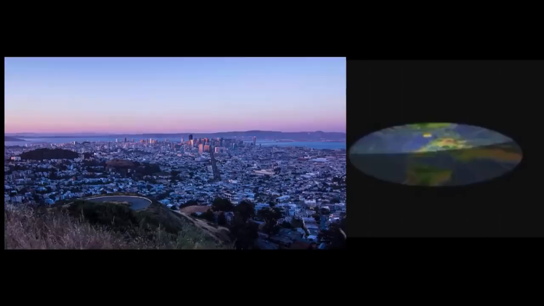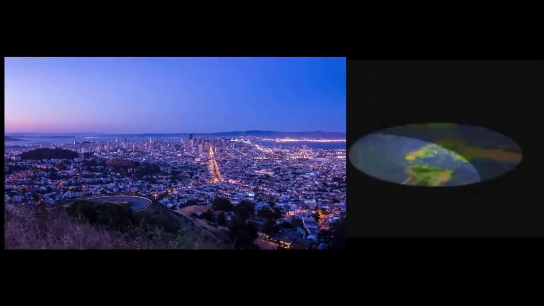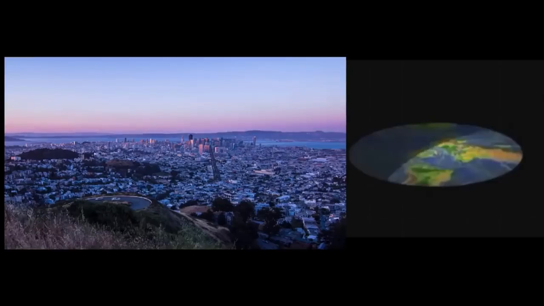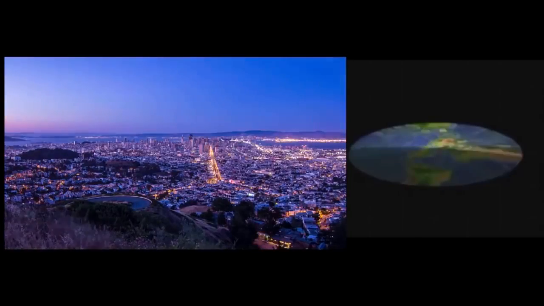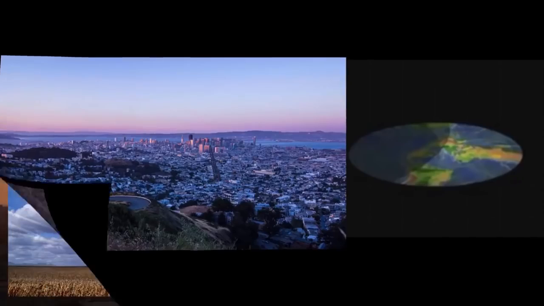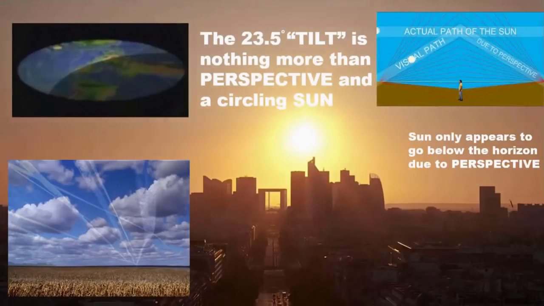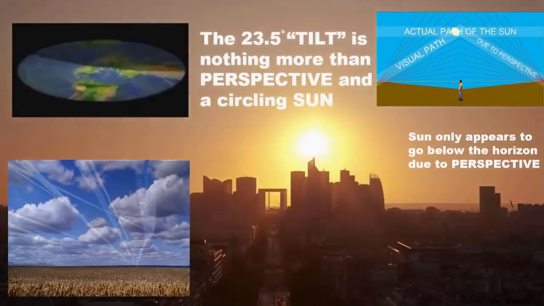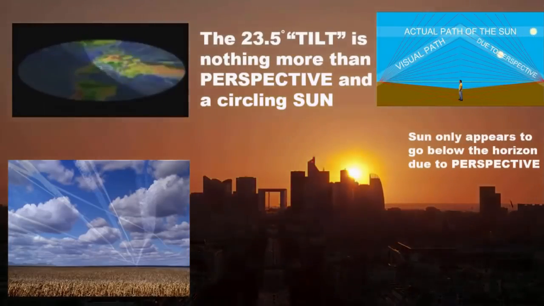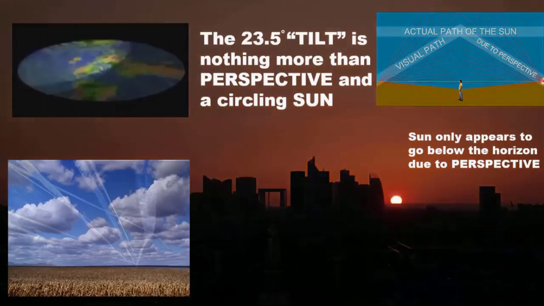Okay, next I'm going to show you how a sun that is circling over the Earth creates the horizontal aspect of the sun. If you combine that with perspective, which creates the up and down of the sun, the rising and the setting, you get the 23.5 degree tilt that they talk about.